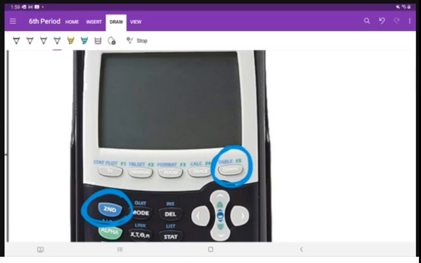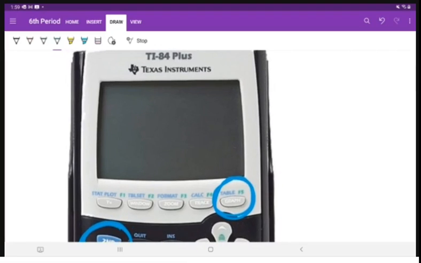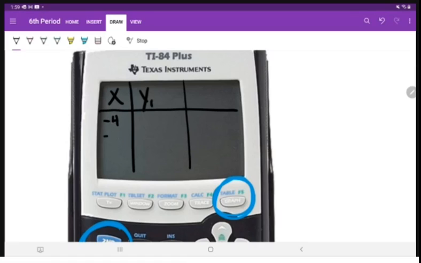And what do you think we're looking at now? Look at this. This is a table of X values and Y values. It looks something like this. So it'll have a bunch of X values, -4, -3, -2, -1, and then the corresponding Y values.